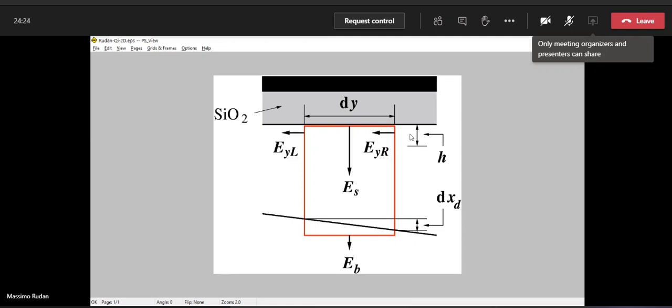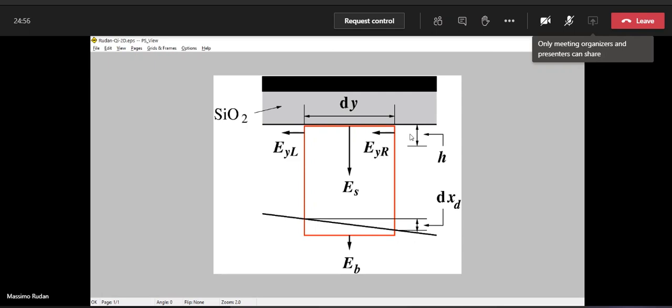Because we are considering only the functioning of the device in the linear region, and in the linear region, we have a very large vertical field because we are applying a voltage to the gate large enough to force the strong inversion condition of the interface everywhere. So the vertical field is large.